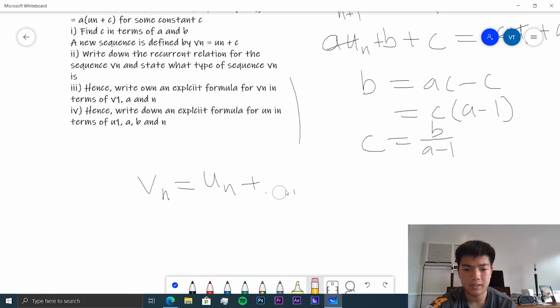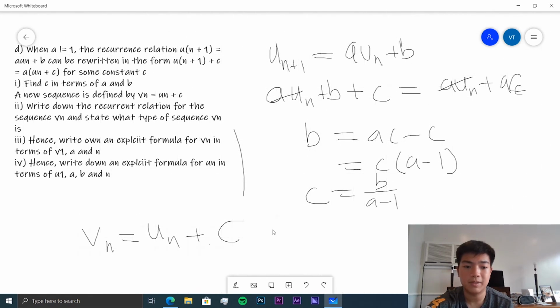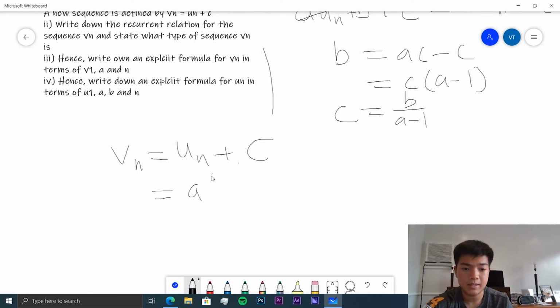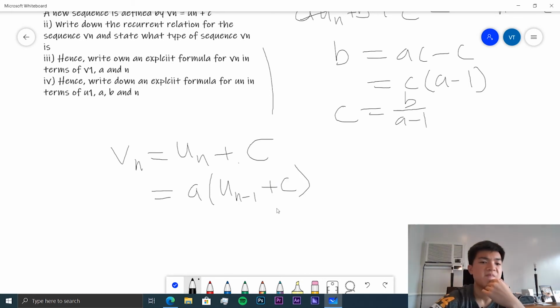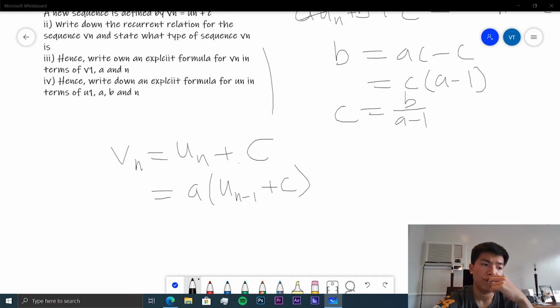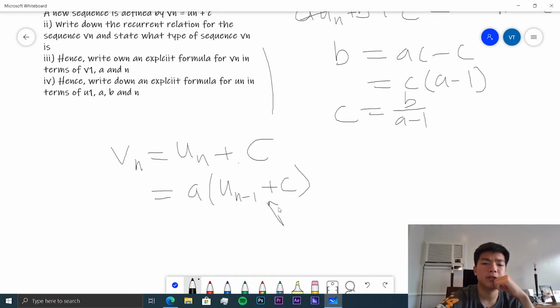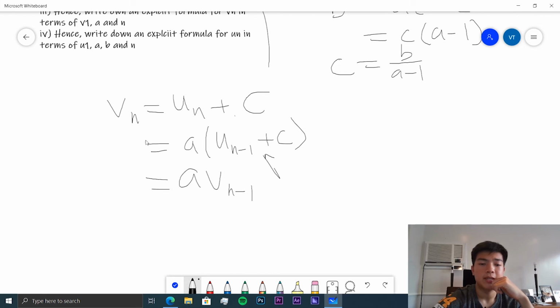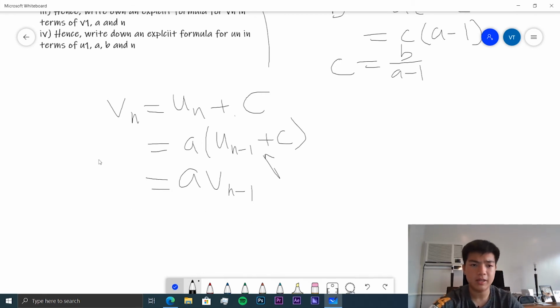Since u of n plus c is equal to a times u of n minus 1 plus c, this is equal to again v of n minus 1. So this is equal to a times v of n minus 1. So this is actually just a geometric progression. Okay, interesting.